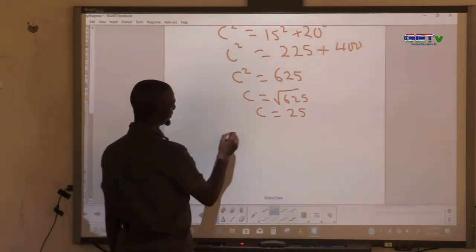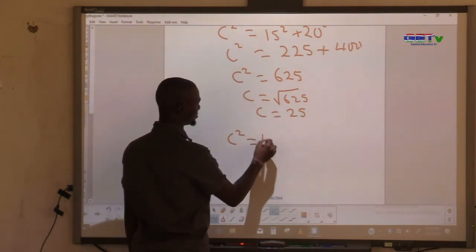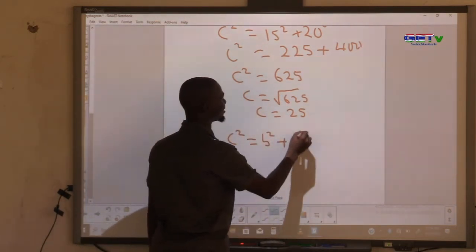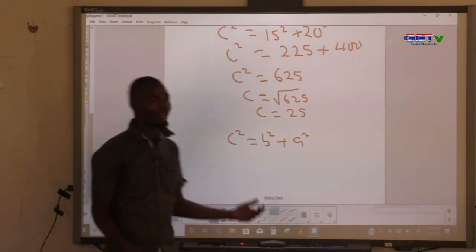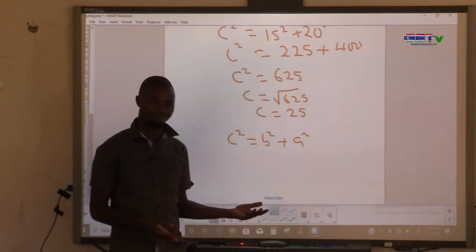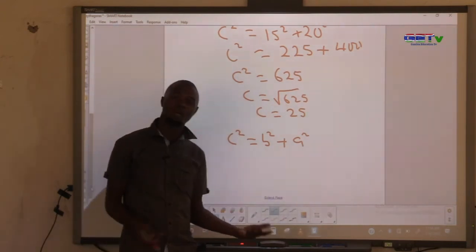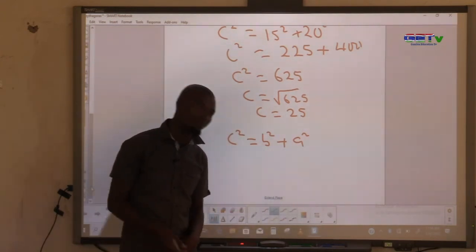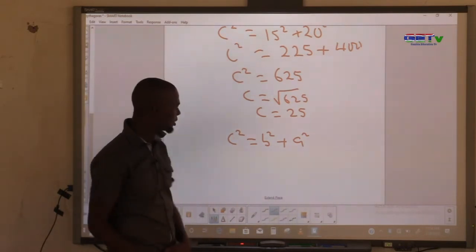We know the formula is C square is equal to B square plus A square. Some of you will say, now he brings B square before A square. That does not change anything. B square plus A square is the same as A square plus B square. So we substitute in the values.